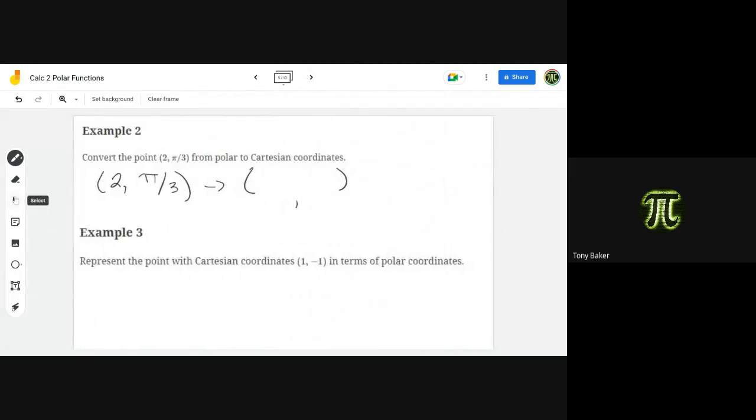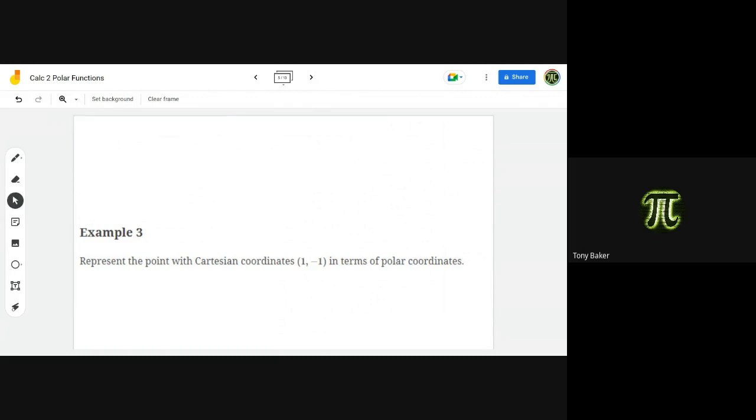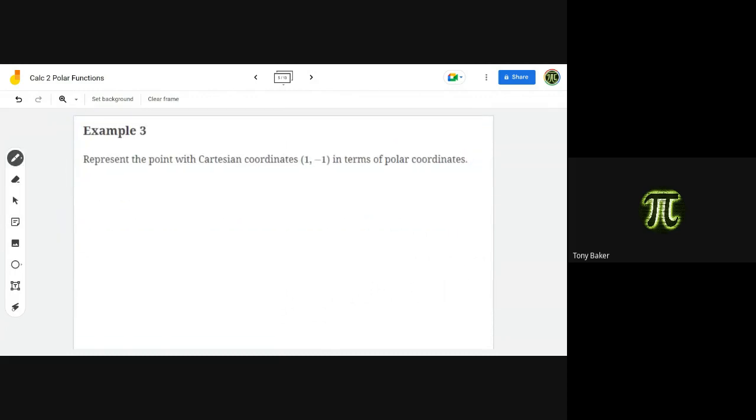All right, let's look at the other direction. In this case, I've got my xy, and I'm going to my polar. So r squared equals x squared plus y squared, and tangent of theta equals y over x.